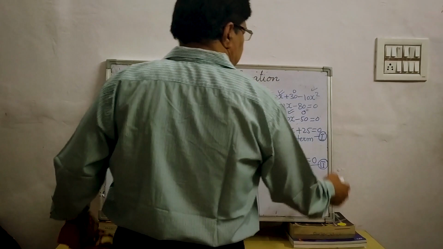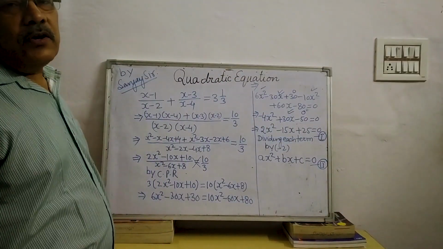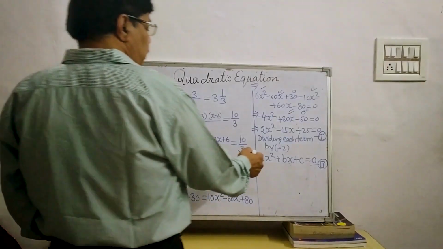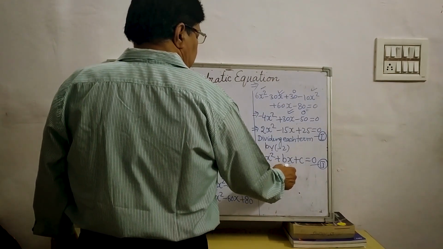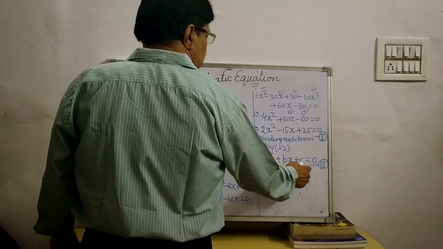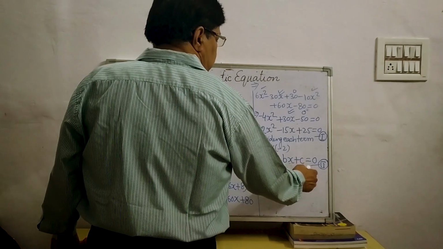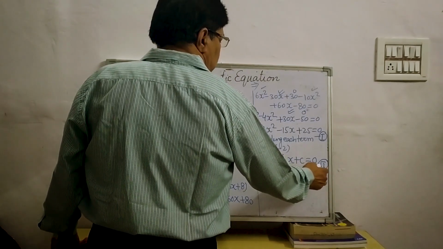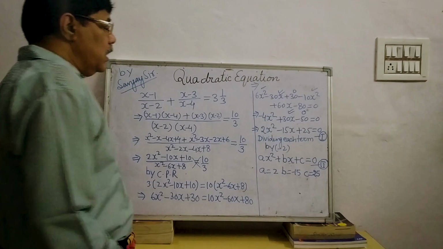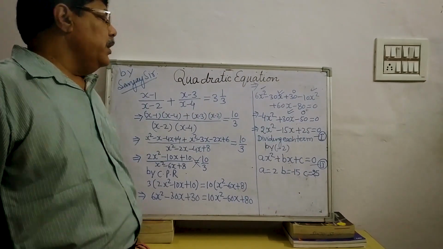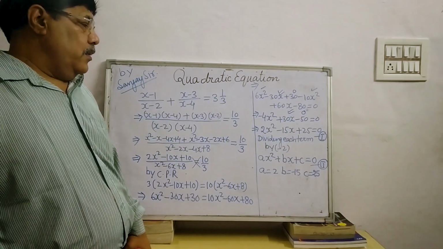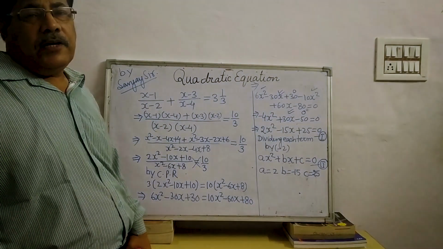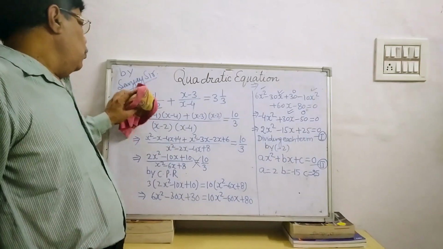Now doing comparison between 1 and 2, what will we get? A equal to 2, B equal to minus 15 and C equal to 25. These are the values of A, B and C. Do it till here. Okay? Till here it is clear? Okay, you note down? Okay, now I am rubbing it.